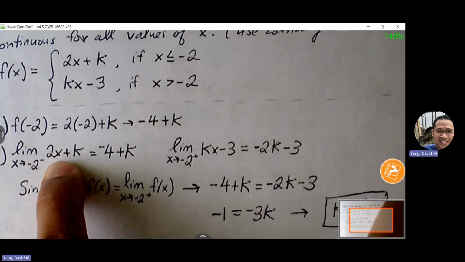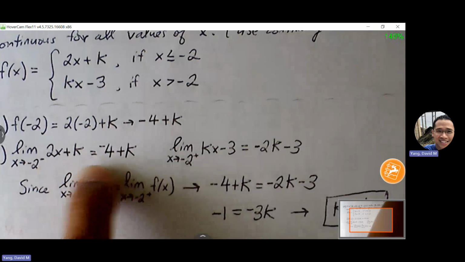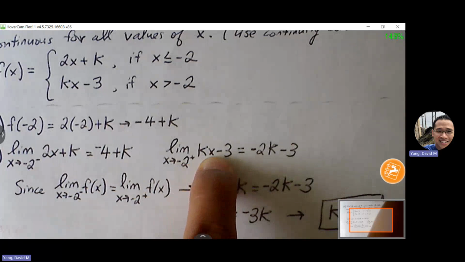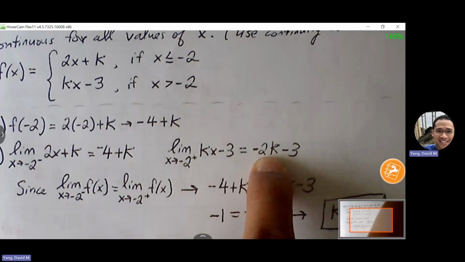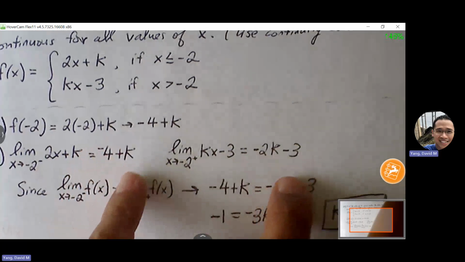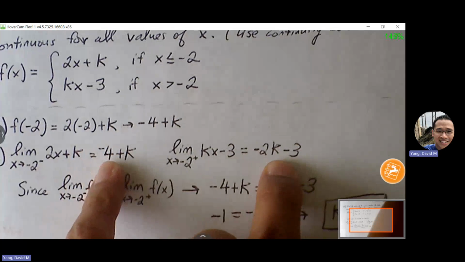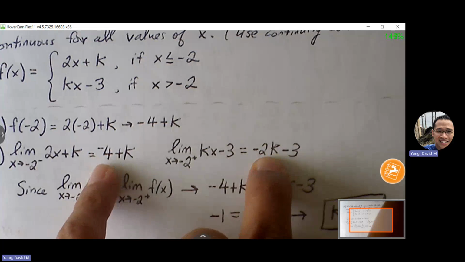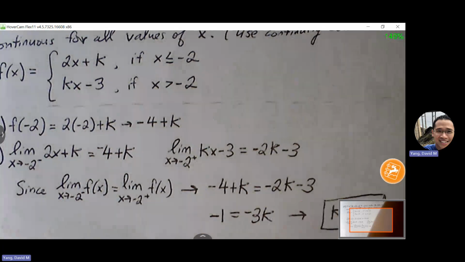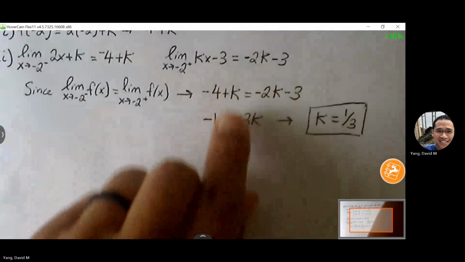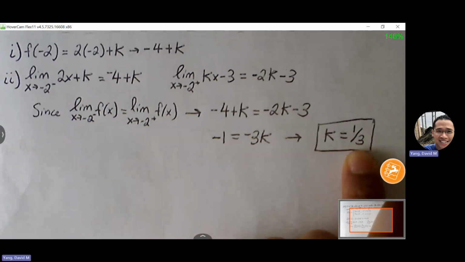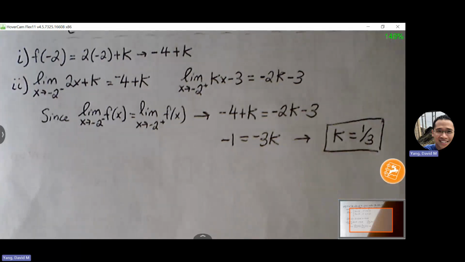So -2 in for x, I get -4 plus k. -2 in for x for my other expression, I get -2k minus 3. Now I know that my function is continuous, so I know that my one-sided limits have to be in agreement. Because they must be in agreement, I can set them equal to each other. And before I know it, I've created an equation that allows me to solve for k. I'm able to find anything that I need simply by going through my continuity conditions.